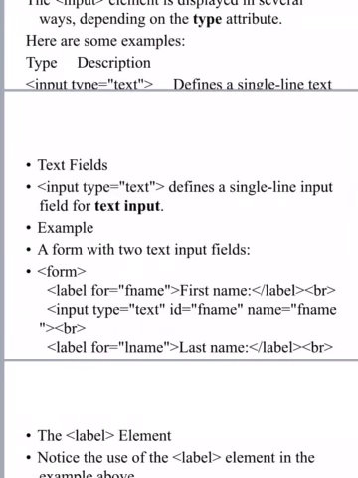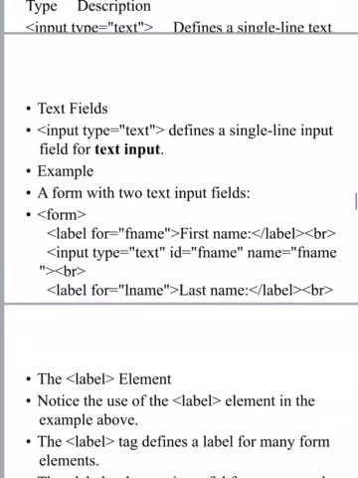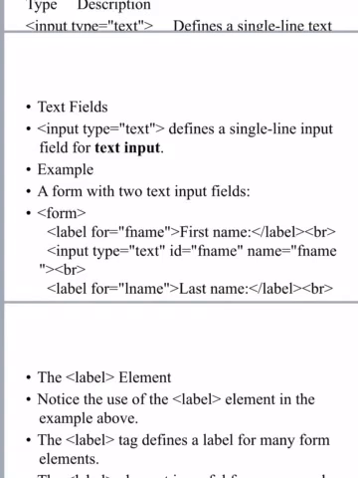Input type is equal to text, so whatever input we give in a form is of type text, and for that input we are giving an id called fname, and name we are giving as fname, and then we are giving a break tag so that after a label and an input box or a text box, we get a new line.